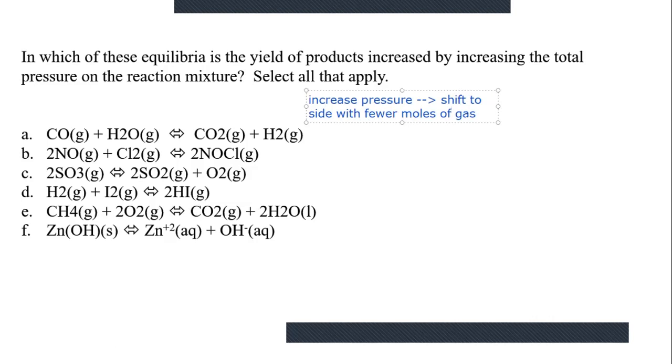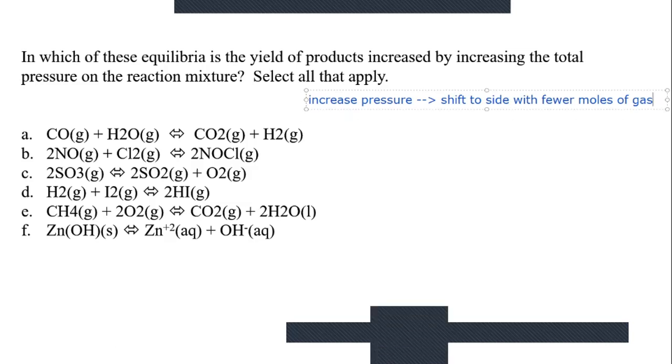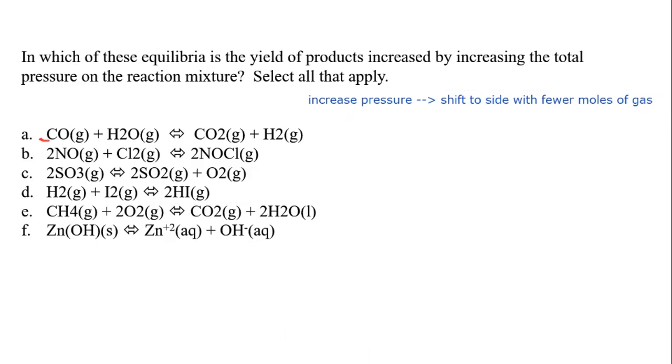So what we want to do first is to see which side each of these equations will shift to, and then we'll see which ones shift to the products. So if we look at number one, it has 2 moles on the reactant side, 2 moles on the product side. So this would have no change because you have the same number of moles of gases.